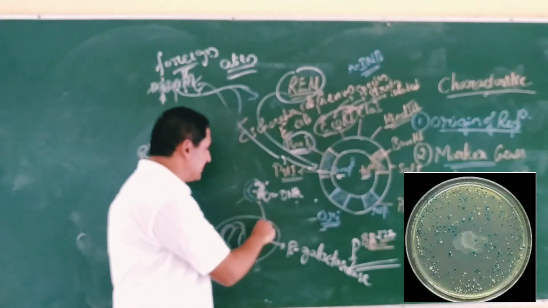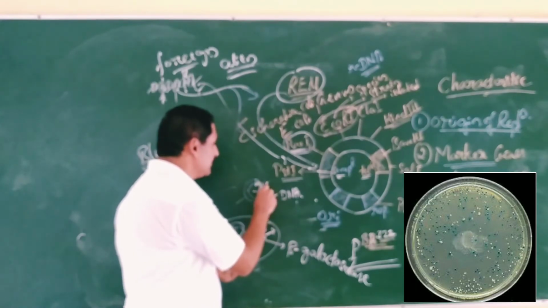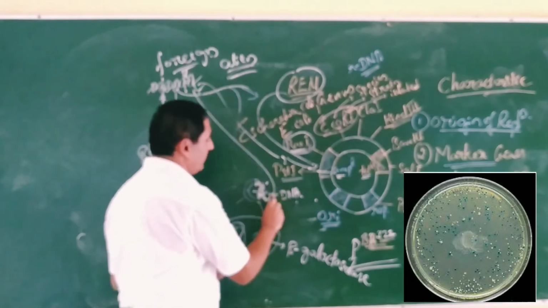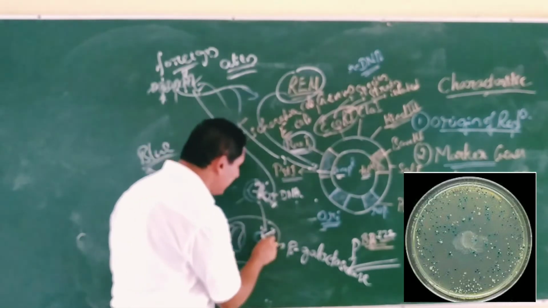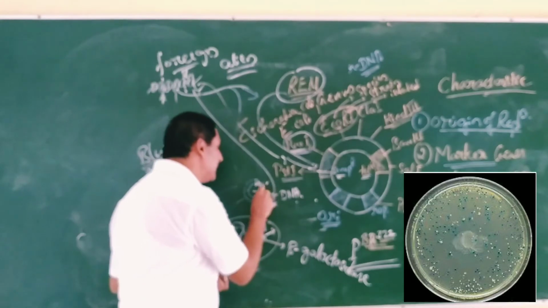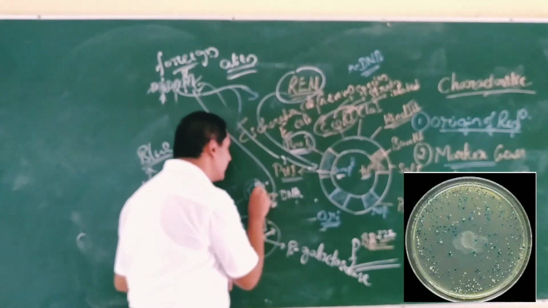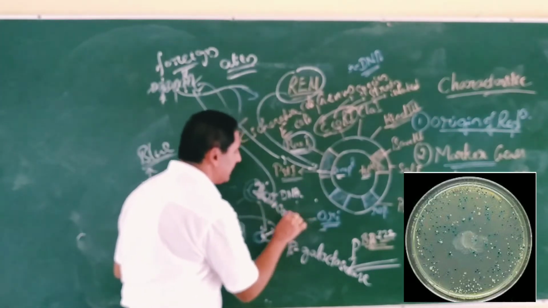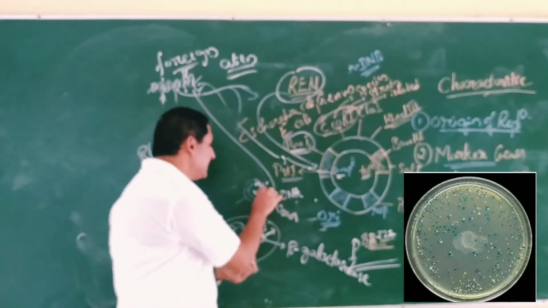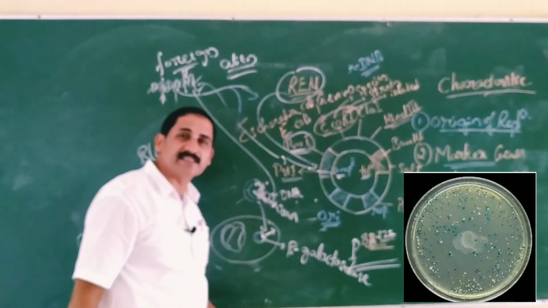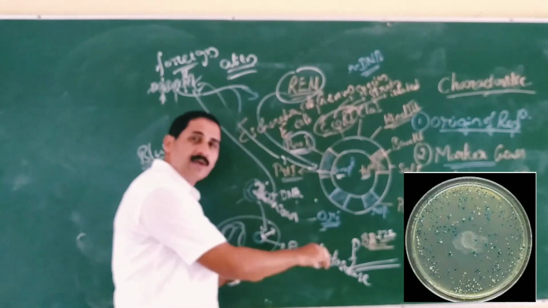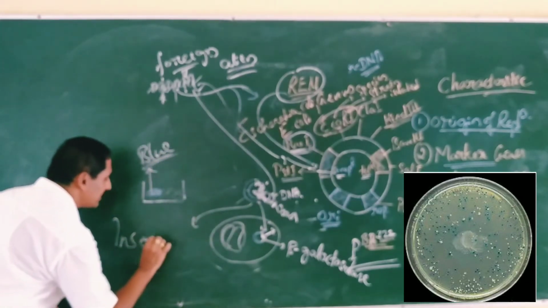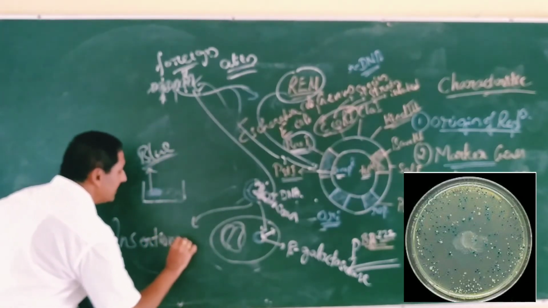In the recombinant, if you insert a foreign gene or alien gene in the same place, in the DNA sequence of beta-galactosidase, cutting this sequence and inserting a foreign or alien gene, that inactivates the production of beta-galactosidase. That is called insertional inactivation.